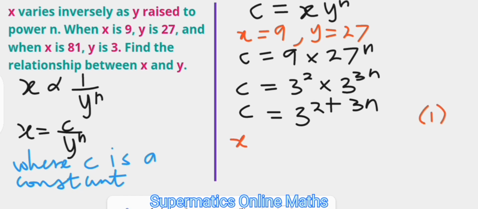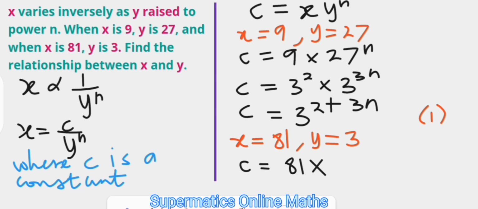We also have that when x is 81, y is 3. This we substitute again to have c equals 81 times 3 raised to power n. That is, c is 3 raised to power 4 times 3 raised to power n.